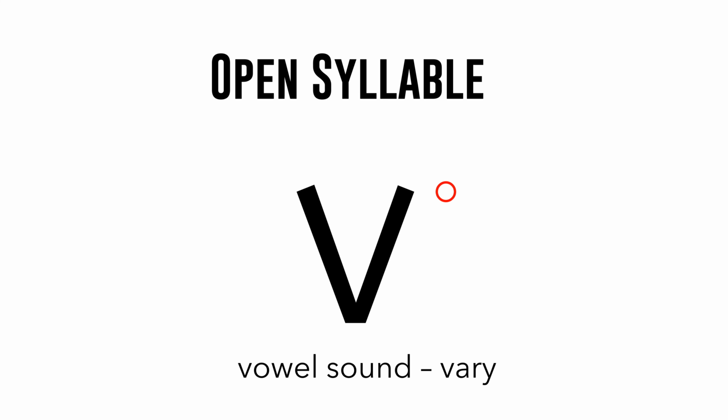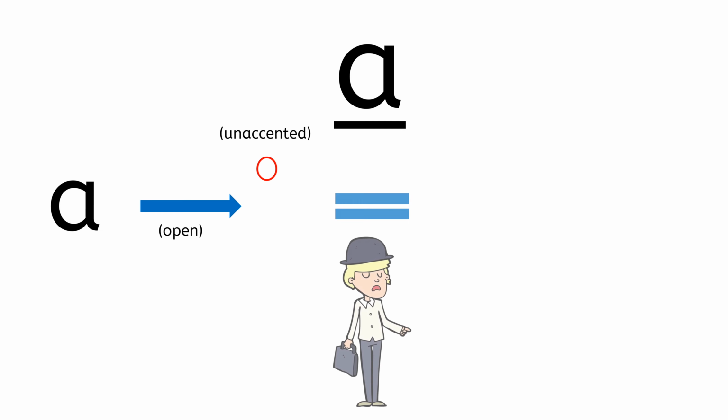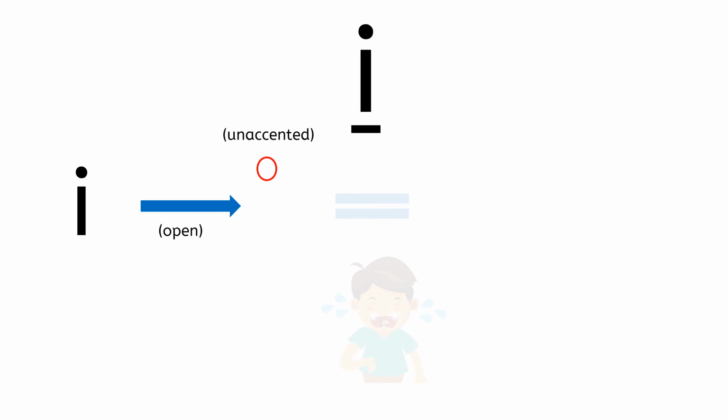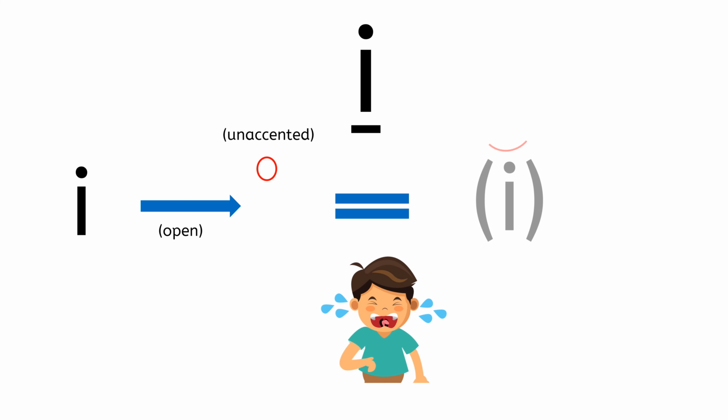Syllables that are open but are unaccented will have varying vowel sounds. So let's explore this concept. When we have the letter A in an open, unaccented syllable, we say that it gets rude and says ah. When we have the letter I in an open, unaccented syllable, we say that it gets whiny and says eye.